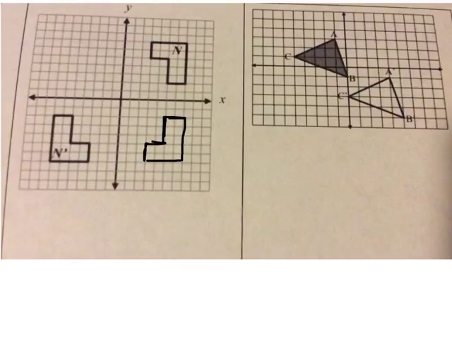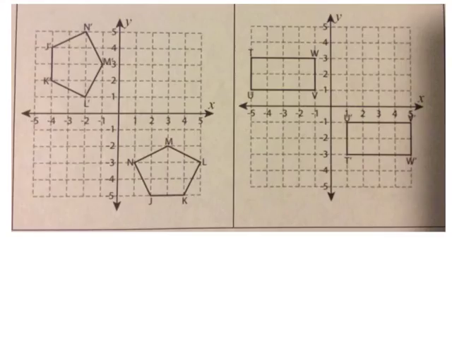Look at the second example. What transformation takes triangle ABC to triangle A prime, B prime, C prime? Here, it is just a translation. It moved down and to the right. Now look at the example with pentagon JKLMN.